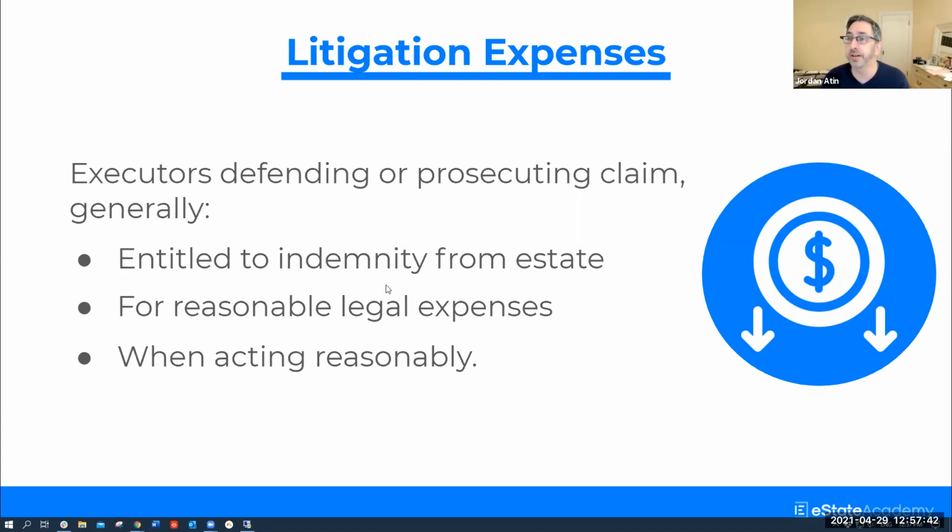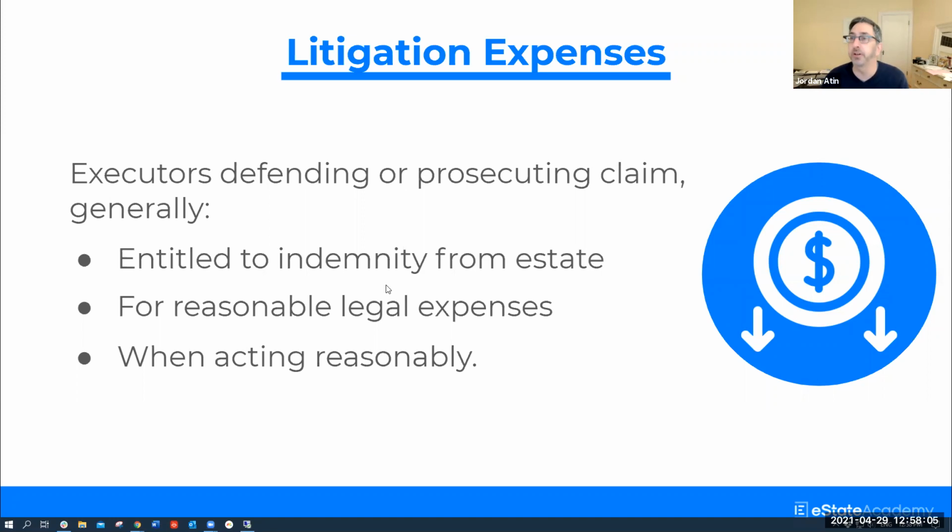The costs of that are going to come out of the estate, but not absolutely, and not if anything is judged as being unreasonable. You can't fight a claim to the death and spend the entire estate and then say, oh, well, too bad, sorry. So it's a tightrope, as Ian said.